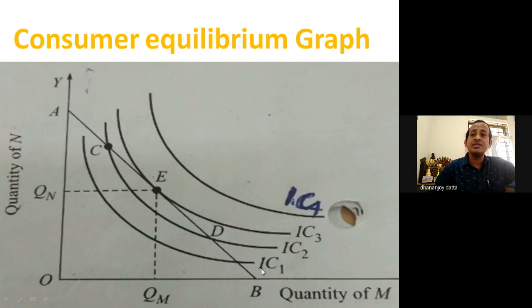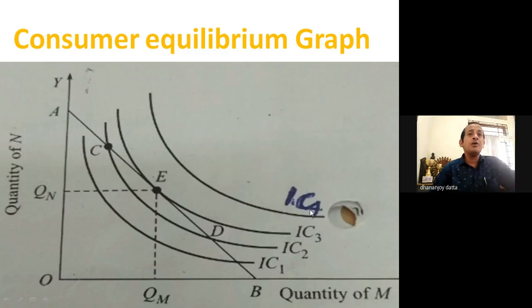Okay, now here you can see indifference curve 1, indifference curve 2, indifference curve 3, then indifference curve 4. IC means indifference curve: IC 1, IC 2, IC 3, IC 4.